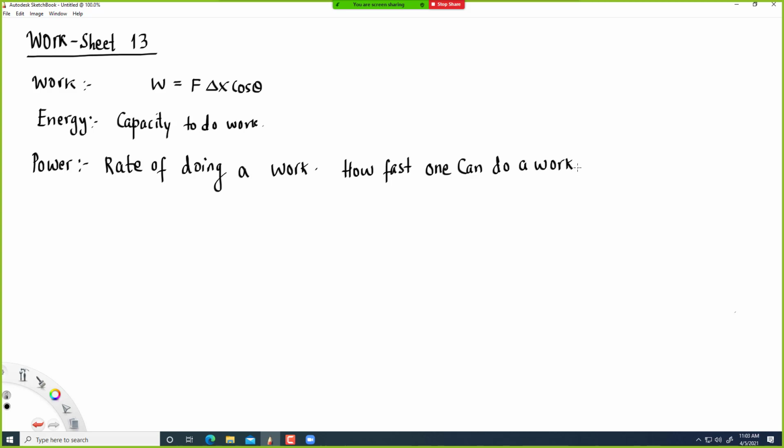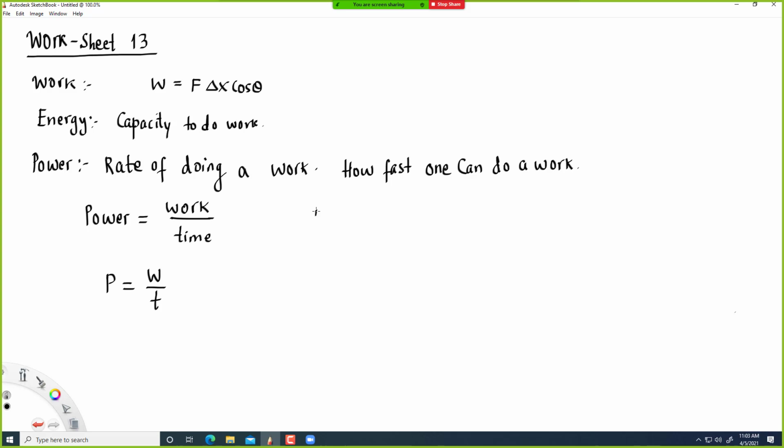So the faster you do the work, the more power you have. So mathematically, power is work done over how much time you take to do the work. Or you can say P is W over T.